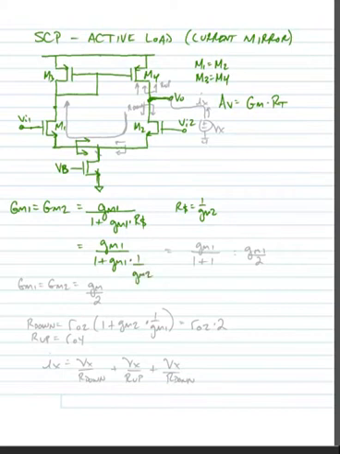Now we know that both devices are equal, so their GMs should both be equal. So this is GM1 divided by 1 plus 1, or GM1 divided by 2. So we can generically say GM1 is equal to GM2 is equal to GM over 2.